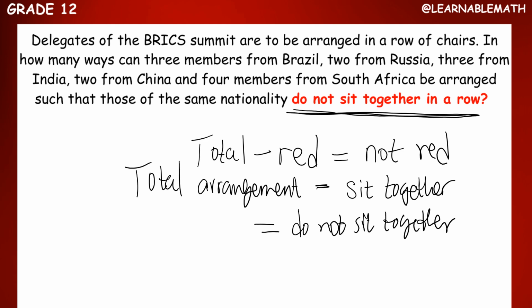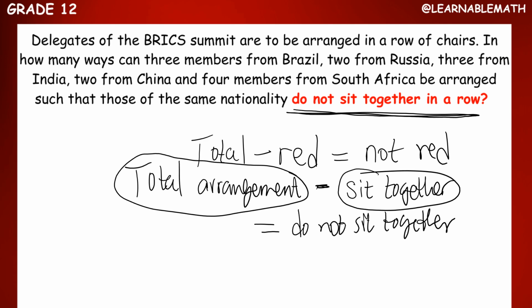What we can do is simply count those arrangements where they actually sit together. Then we go to the total number of arrangements, we remove those arrangements where these people sit together, and we'll be left with the number of arrangements where they do not sit together. So we call this the not rule.